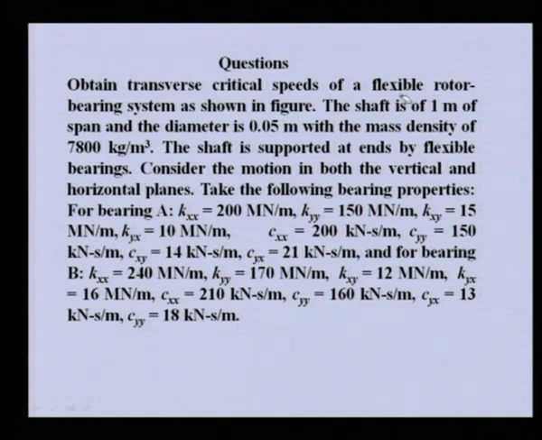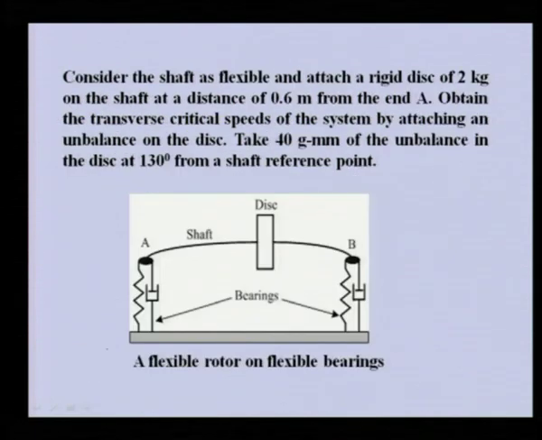Earlier, we considered that as rigid. So, the data are exactly the same as the previous lecture numerical example for bearings as well as for shaft, but now we are considering the flexibility of the shaft also. So, our model is like this, in which not only the flexibility of the bearing is there, but also the flexibility of the shaft.